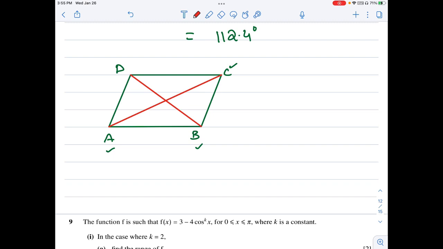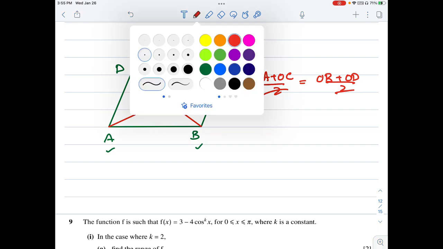So the midpoint of AC should be nothing but what? OA plus OC upon 2 should be equal to OB plus OD upon 2. So what is OA? The 2 and 2 get cancelled, so I get OA plus OC equals OB plus OD.